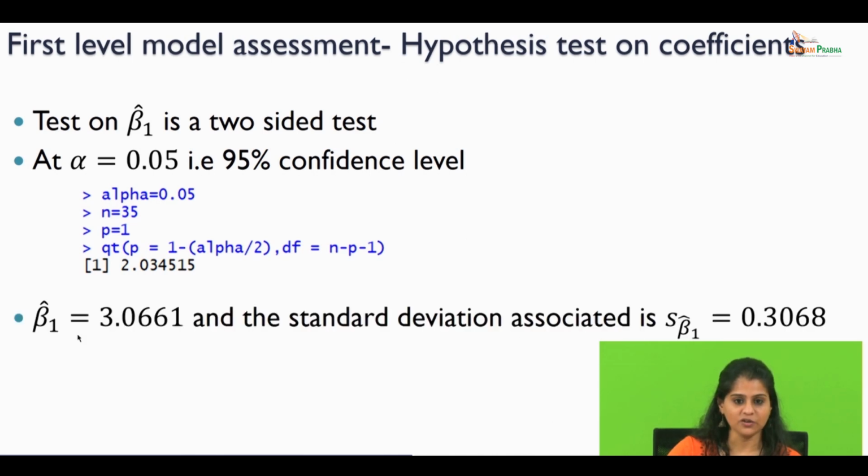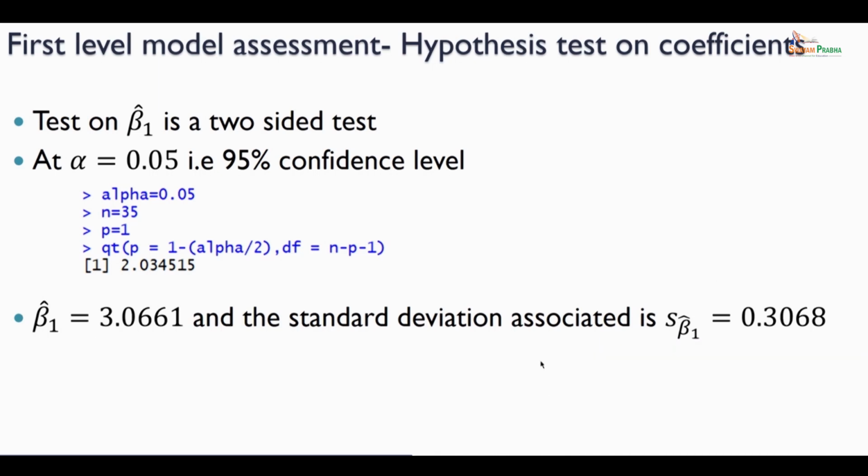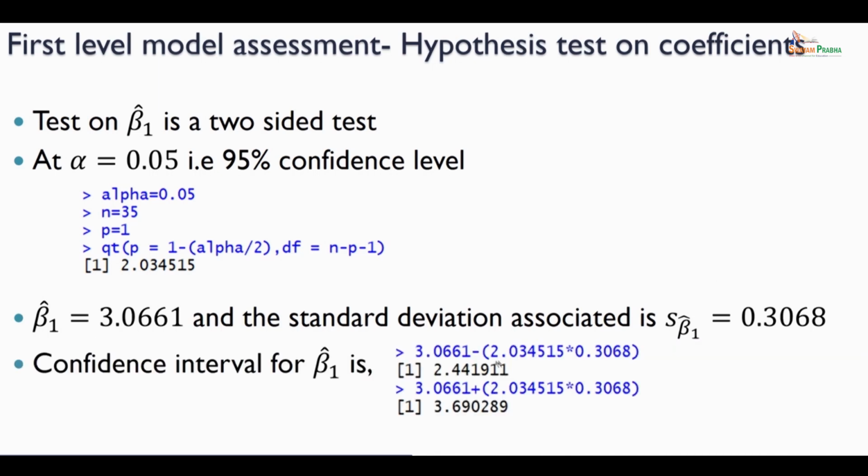Now, we earlier saw from the summary that the slope, which is nothing but the beta 1 hat, is equal to 3.0661 and the standard error associated with it was 0.3068. So, the confidence interval is computed as the estimate plus or minus the critical value times the standard error.